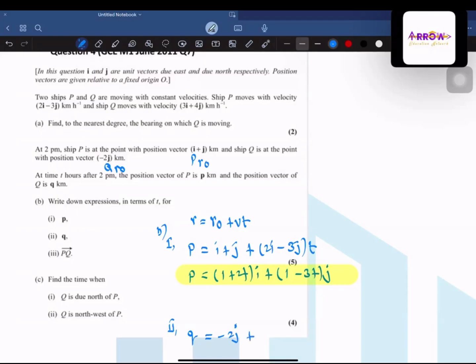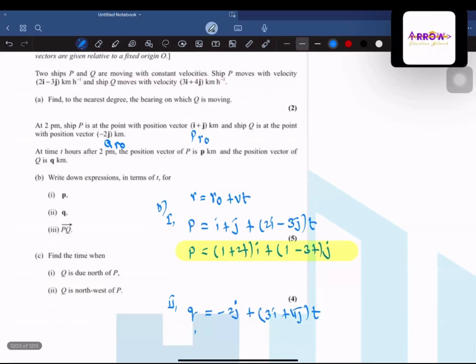The constant velocity vector of ship Q is 3i plus 4j kilometer per hour, so 3i plus 4j times t. Therefore q is equal to: the i component is only 3t, and taking j common, multiplied by minus 2 plus 4t.